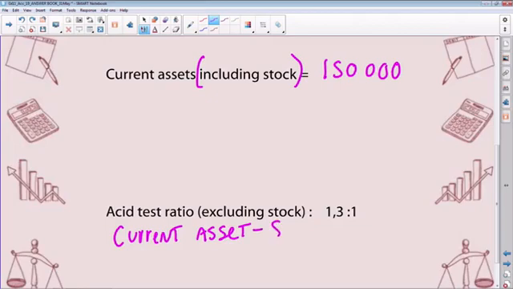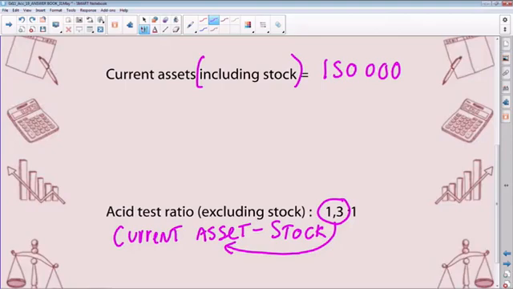We subtracted stock. The 150 includes stock; for the asset test ratio, you are excluding your stock. So this amount, 1,3, represents this figure without trading stock. So how are we going to calculate that amount?